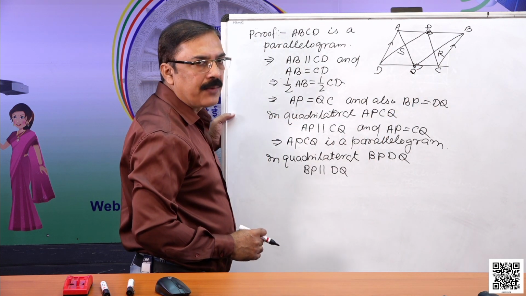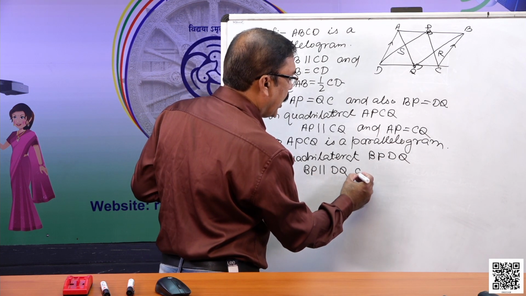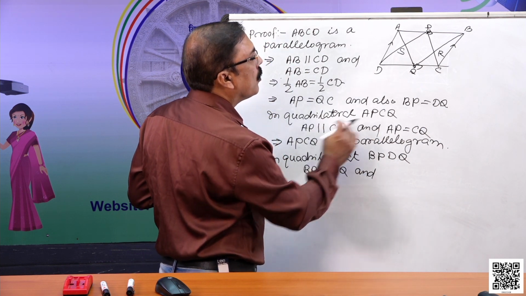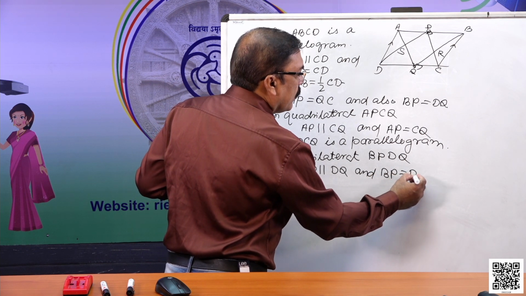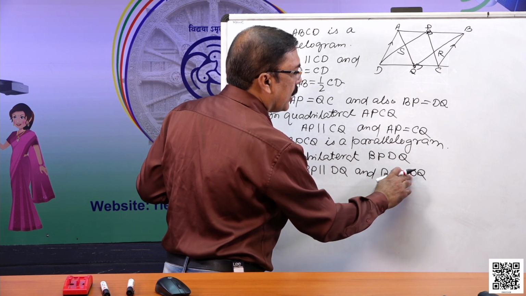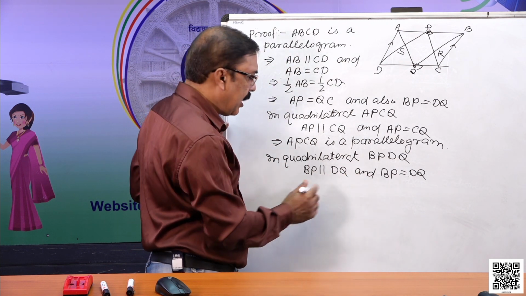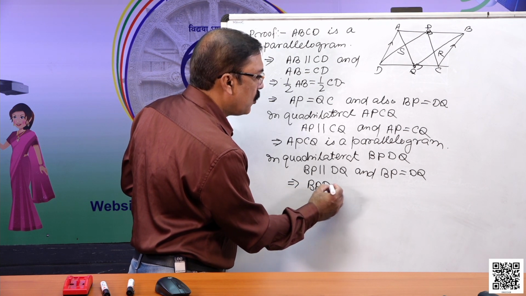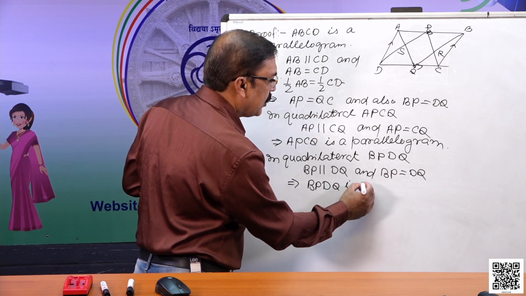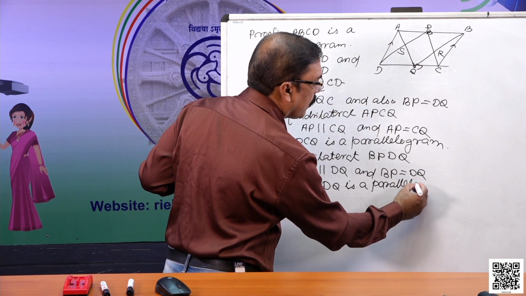As AB and CD are parallel, BP is parallel to DQ, and we proved that BP is equal to DQ. Again, as one pair of opposite sides are equal and parallel, we can say BPDQ is a parallelogram.